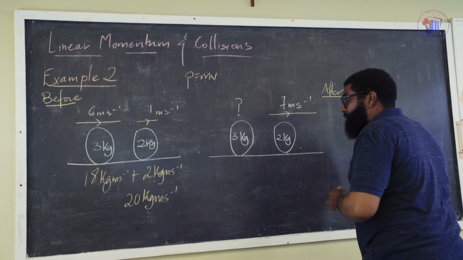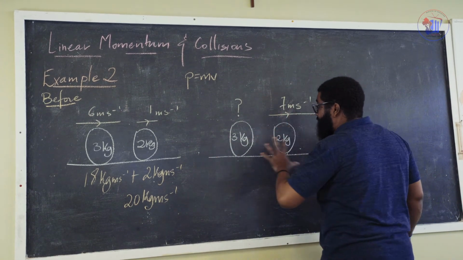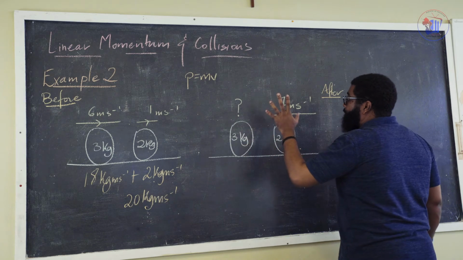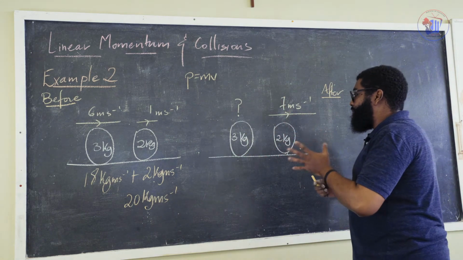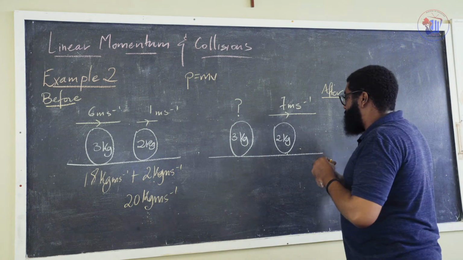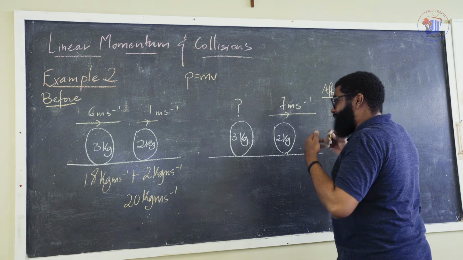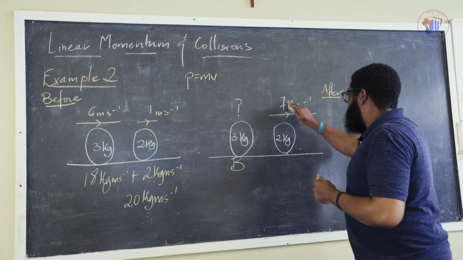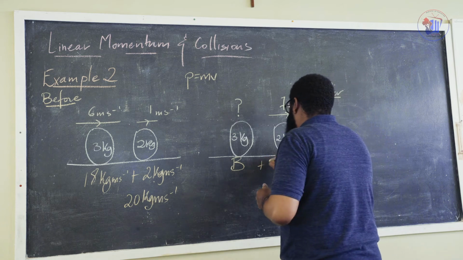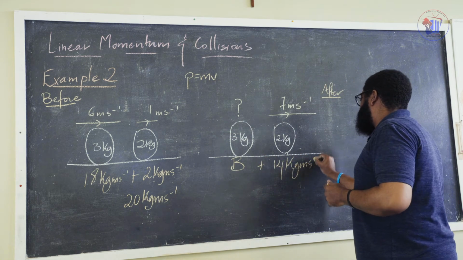Now, it means that this 20 kilogram meters per second should be the total momentum of these 2 objects after they collide. Again, we assumed the collision to be elastic. So let's call the momentum of the 3 kilogram mass B. Okay, B. 2 sevens are, last I checked, 14. Good.